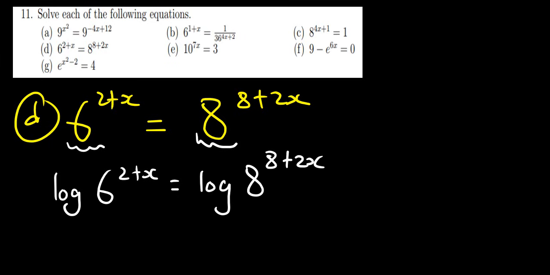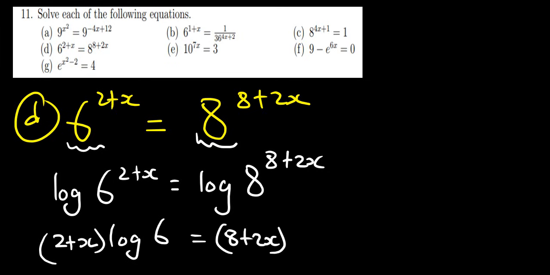So it means we can drop the power, so it will just be (2 plus x) log 6. Okay, so we can put this in brackets like that, and then this is equal to (8 plus 2x) log 8 like that.